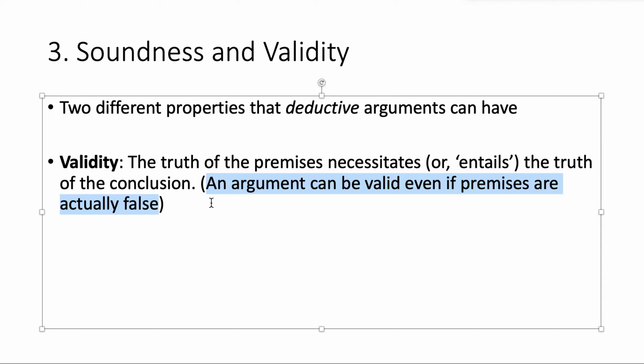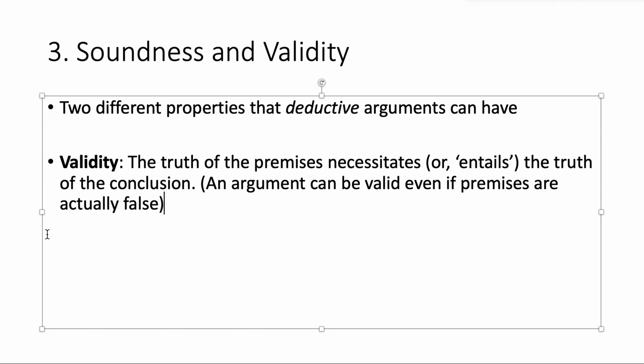All that we're interested in when thinking about the validity of an argument is its form, whether the premises necessitate or entail the truth of the conclusion. Another way of putting that is whether, if the premises were true, they would make it impossible for the conclusion to be false. Whether they necessitate the truth of the conclusion.